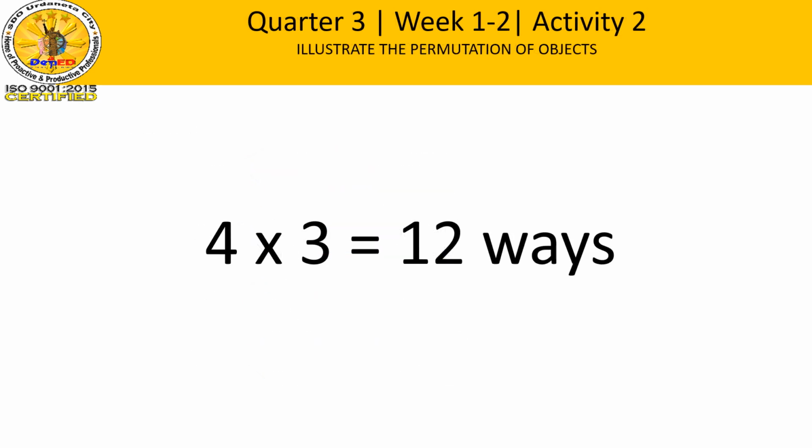Yes, we just multiply the number of different colors of pants and the number of different colors of shirts, using the fundamental principle of counting, which is 4 times 3 is equal to 12 ways.